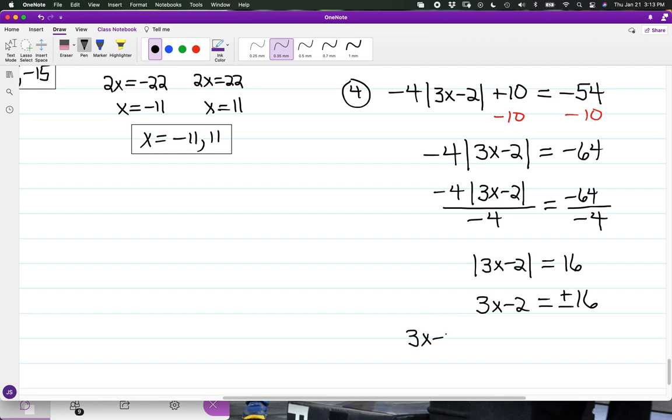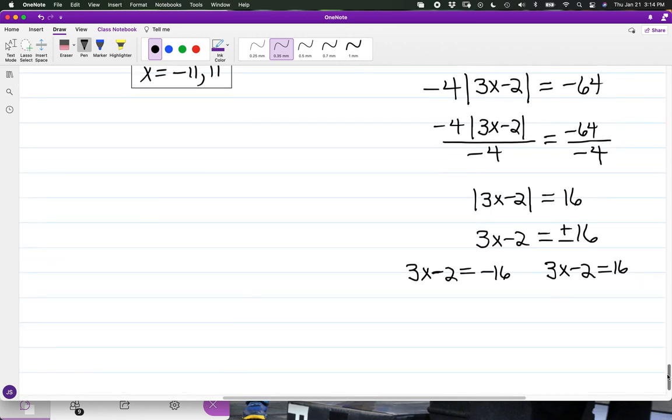So we set 3x minus 2 to negative 16 as well as 16, and in the setup, we add 2 throughout, on both sides of both equations. So we have 3x is equal to negative 14, and also 3x is equal to 18.